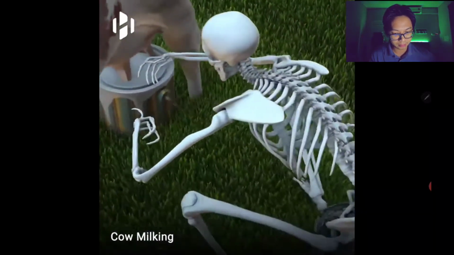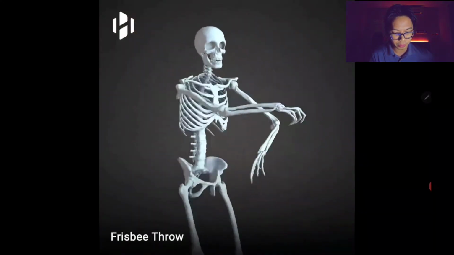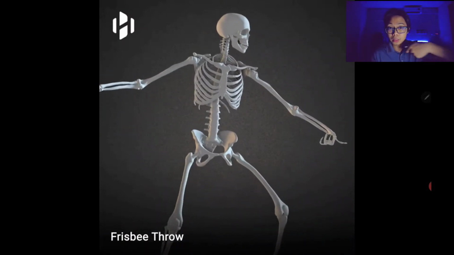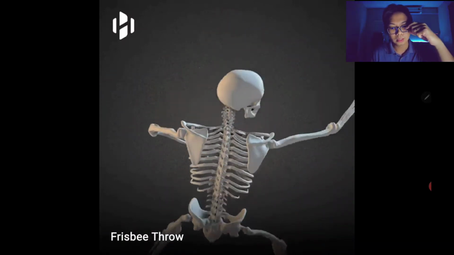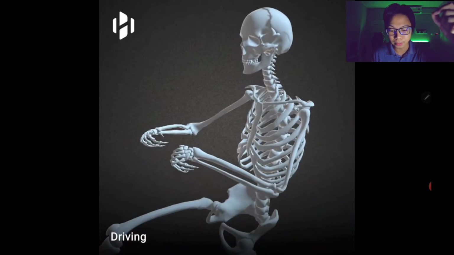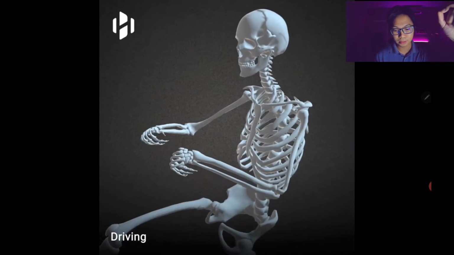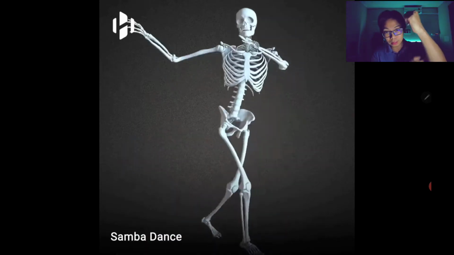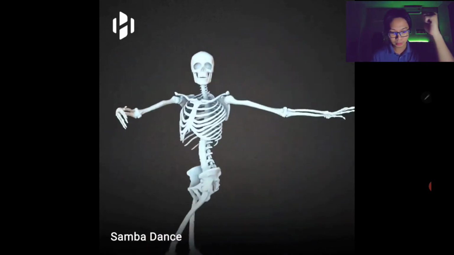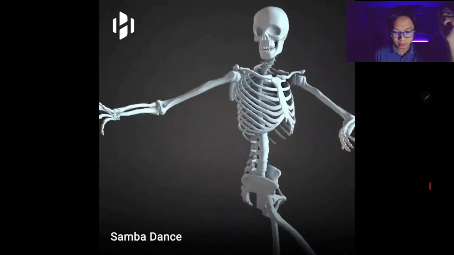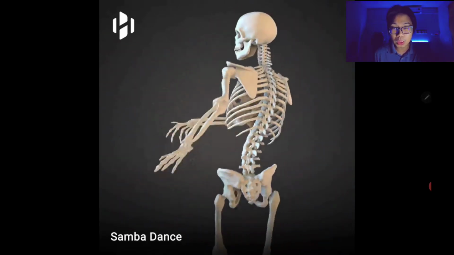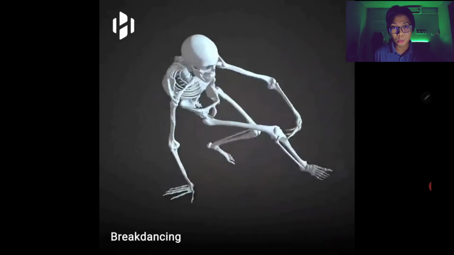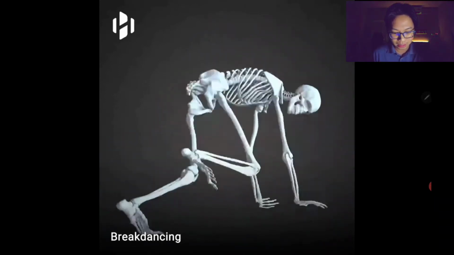What else? Frisbee throw. You play the frisbee. We need our skeleton. Driving. Perlu tulang ni, tulang di dalam. Samba dance. Menari pun perlu tulang. You will need your bone, your skeleton to dance.